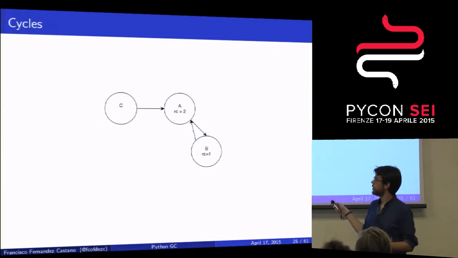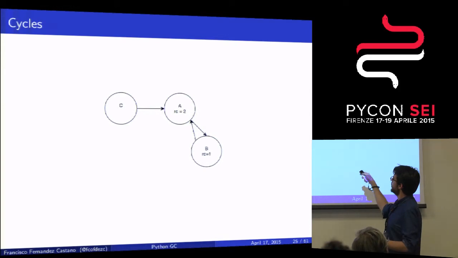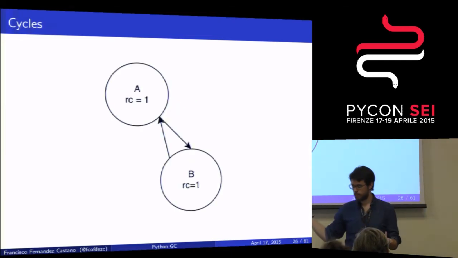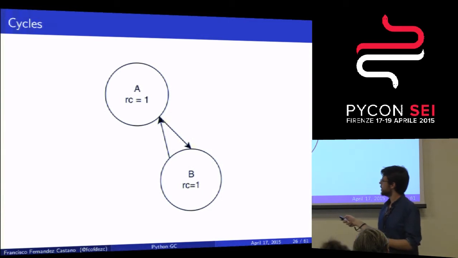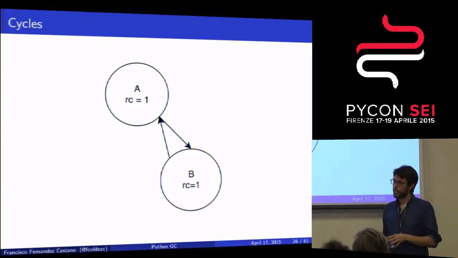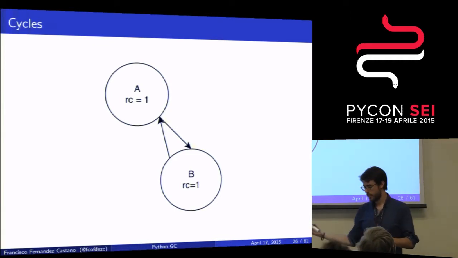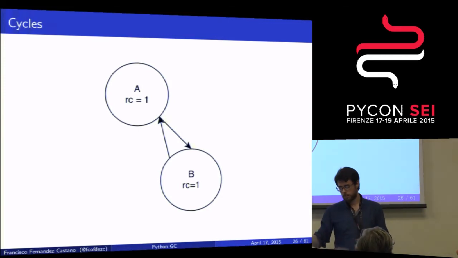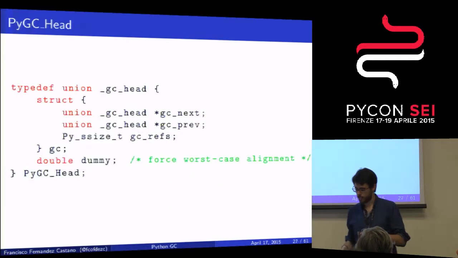We have two objects that reference each other, and if C is not interested anymore in A, the counter will be 1 all the time. So here we have a memory leak, unless we deal with these cycles. We are lucky, and the CPython implementation has an algorithm that deals with cycles. So now I'll explain how it's done.